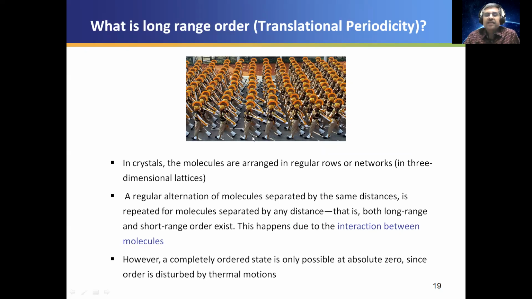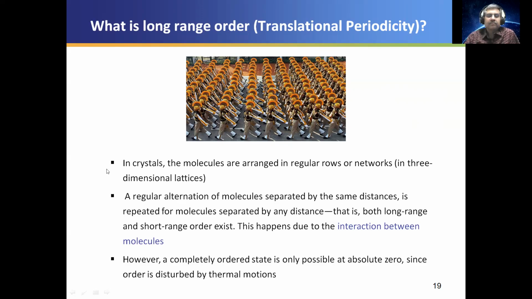What is interesting to see is that each soldier has a similar arrangement during the march past. Look at the way their legs are, their hands are, their head is, everything is in the same manner. This is called the ordered arrangement or the long range order, where each soldier has a similar arrangement throughout the contingent.